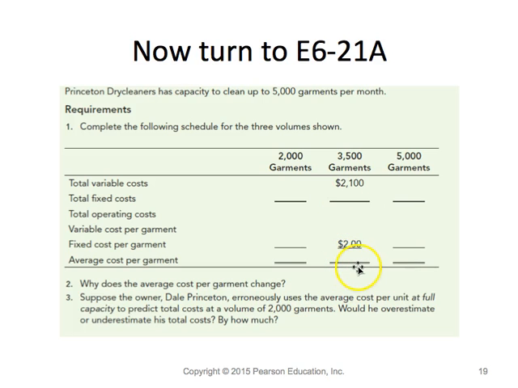And so we find this, and we can find out the other ones. Variable cost per unit does not change, so 0.6, 0.6. Fixed cost per garment does change because the volume changes. So this is not 2 at all.